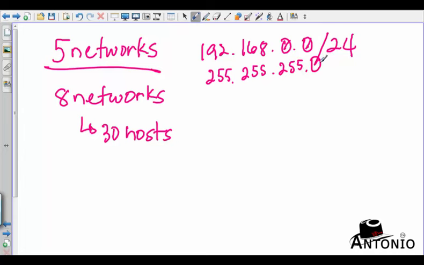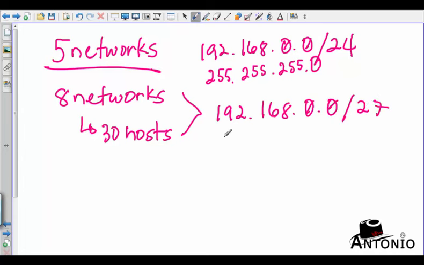That is the default for a class C IP address. But we subdivide this one particular IP address into multiple networks. So now we have 8 subnetworks. So the new subnet mask would be 192.168.0.0/27 or 255.255.255.224 for each subnet or for each network.